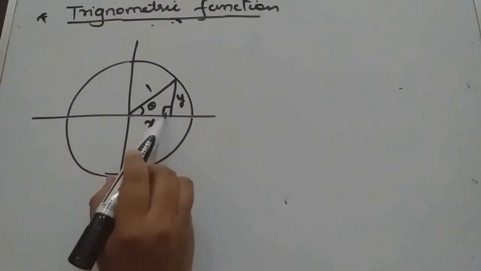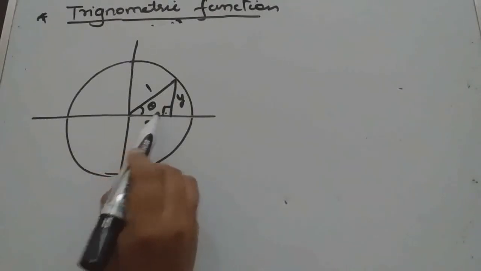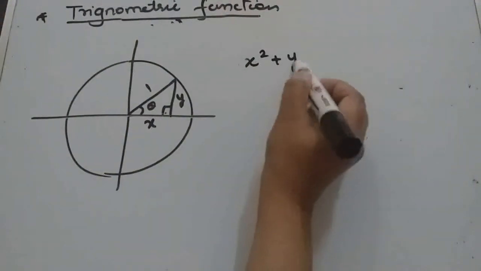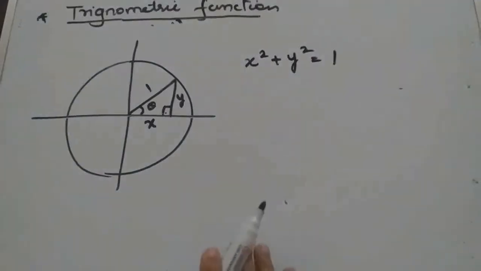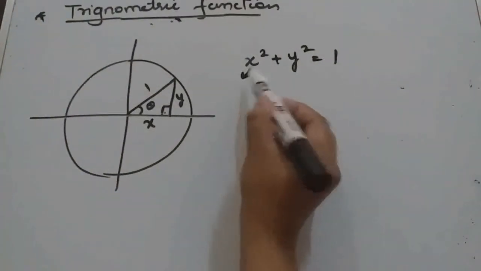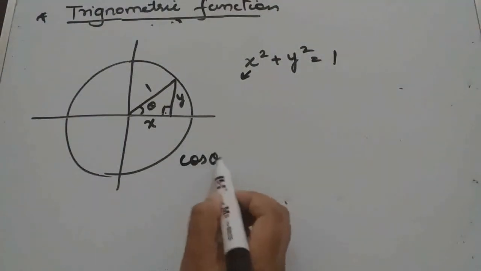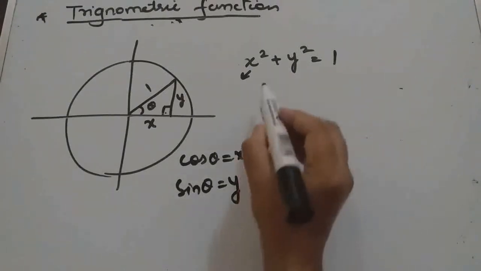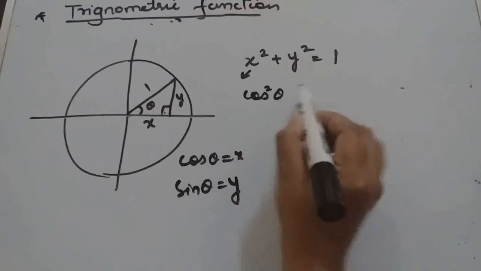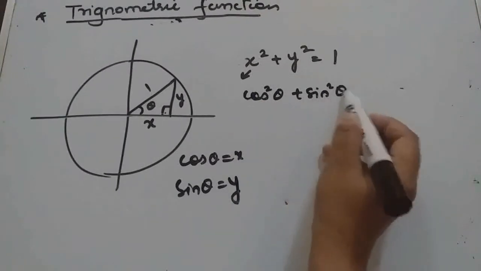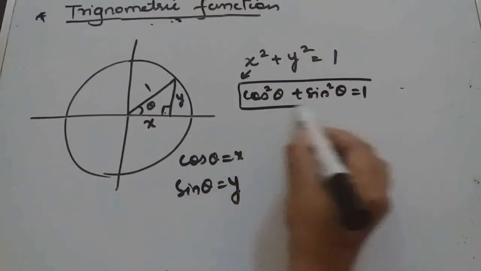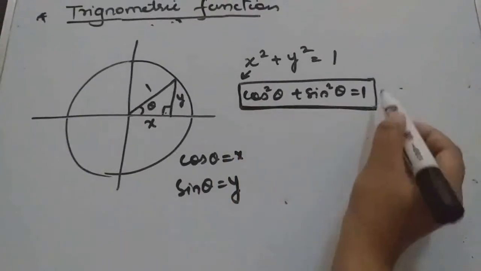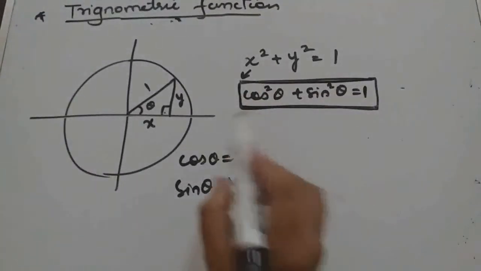So we can apply the Pythagoras theorem: x square plus y square equals 1. But we just saw that cos theta is x and sin theta is y. So here we write cos square theta plus sin square theta equals 1. So we have proved this fundamental identity which we used in class 10, isn't it?